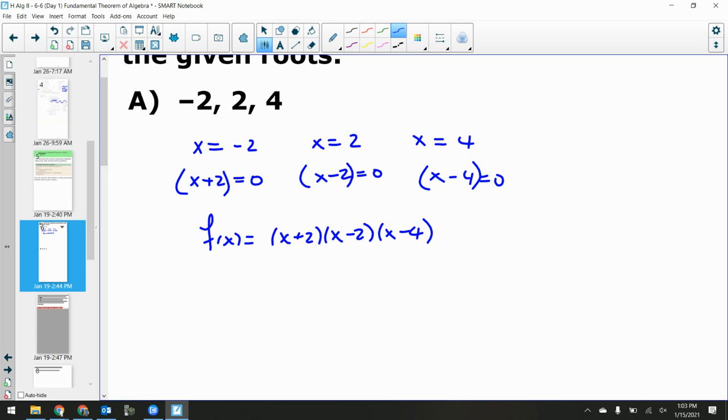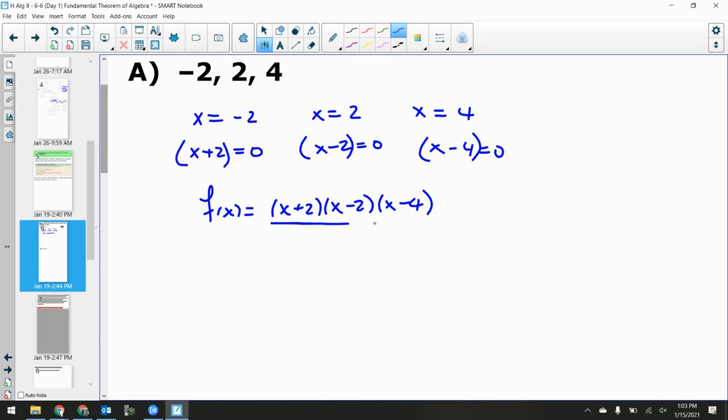Let's multiply our first 2 together here, x minus 2, x plus 2, because that looks like a difference of squares to me. So f of x is equal to my first, x squared. Notice that my outers, -2x, and my inners, +2x, they will cancel. What's unique about the difference of squares? A +2 and a -2 make -4. Multiplied with another x minus 4 that we haven't used yet.